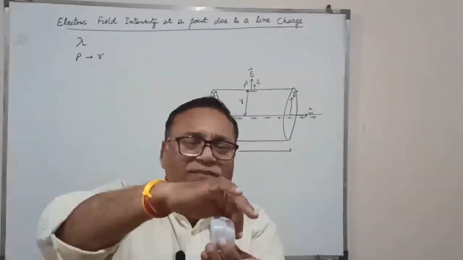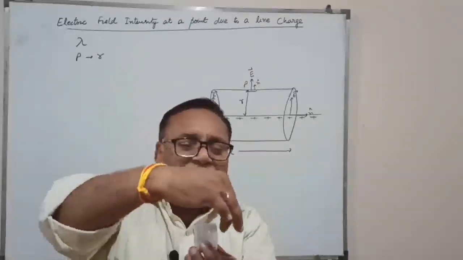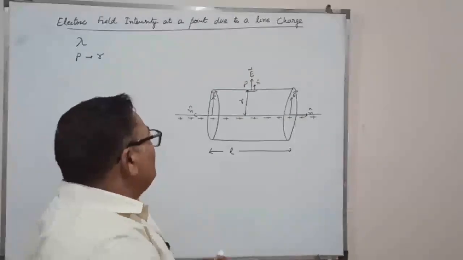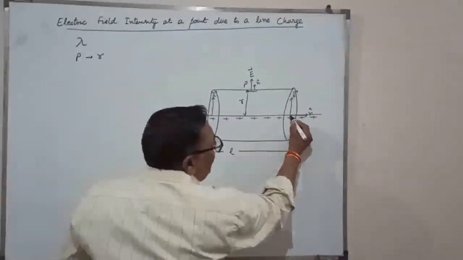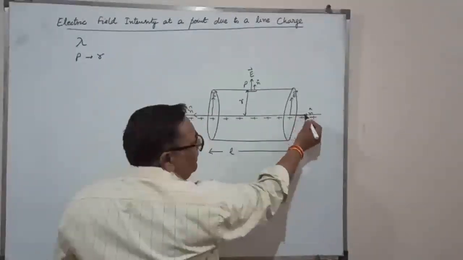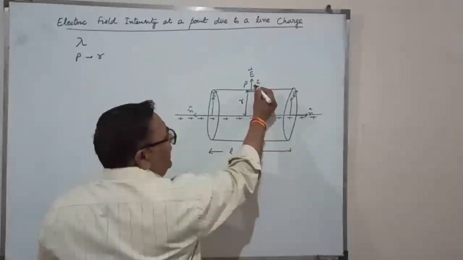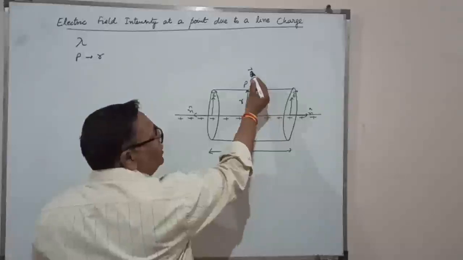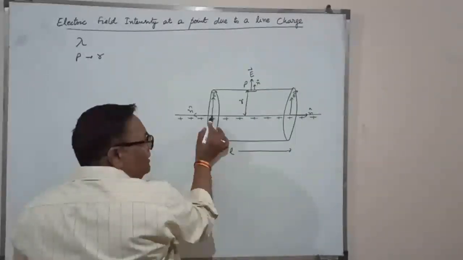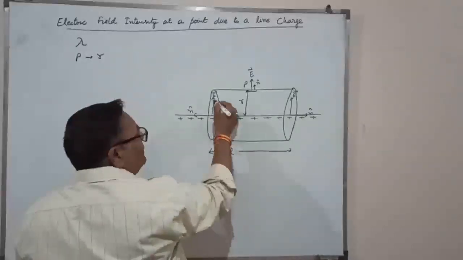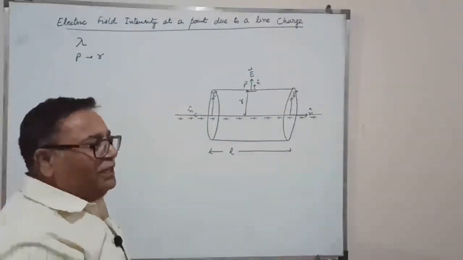And here in the same way electric field intensity is upward and this lies this side. And in the diagram, this is the direction of area vector and this is the direction of electric field intensity. Here this is the direction of area vector and this is the direction of electric field intensity. And at this end, this is the direction of area vector and this is the direction of electric field intensity.